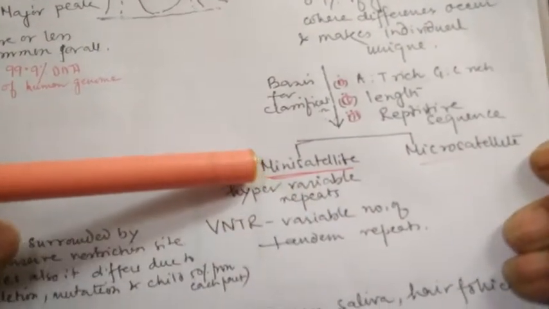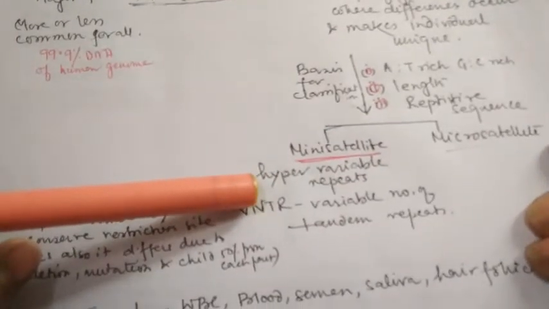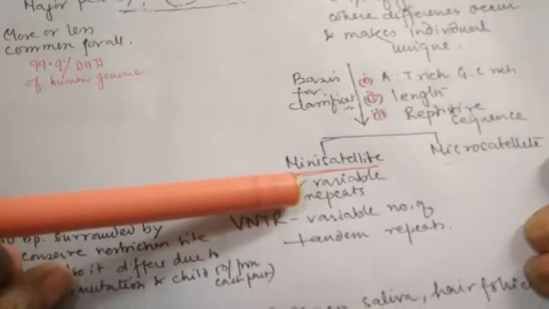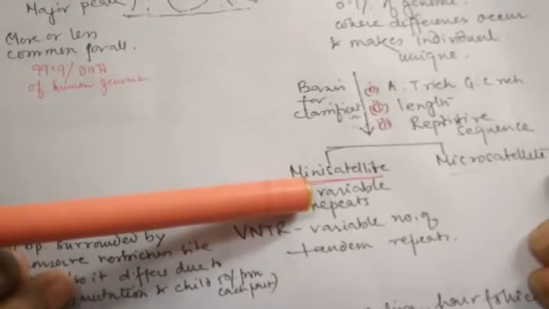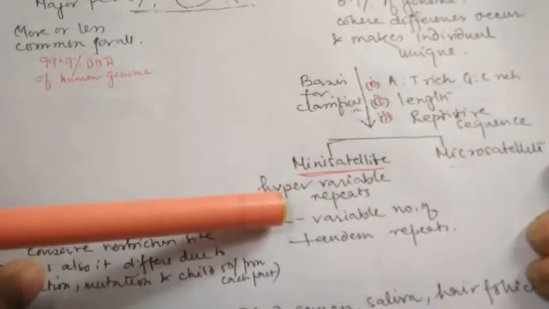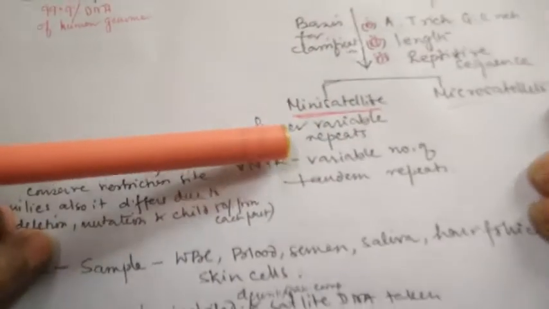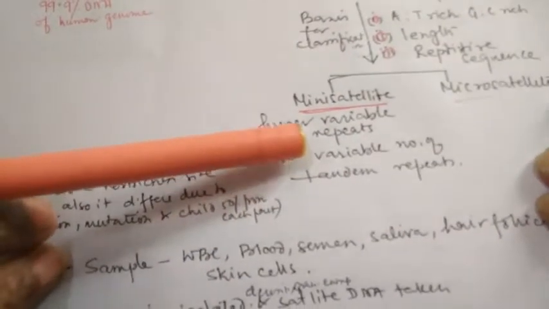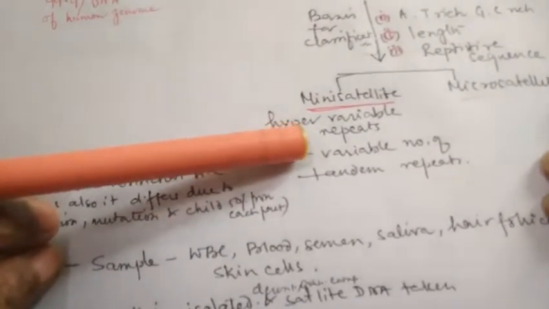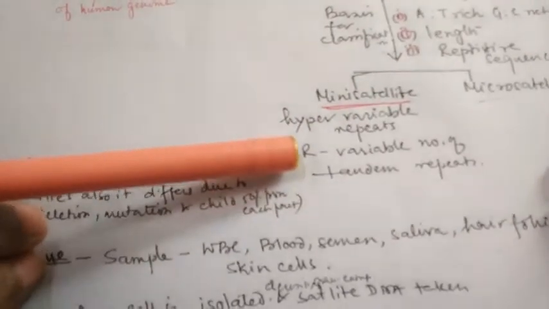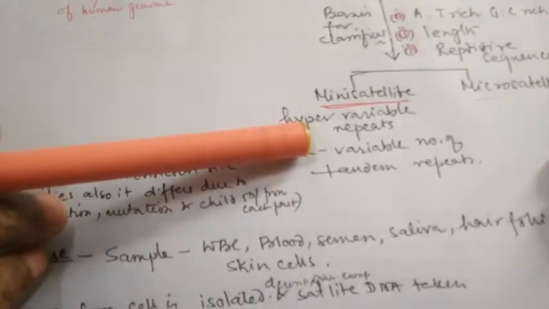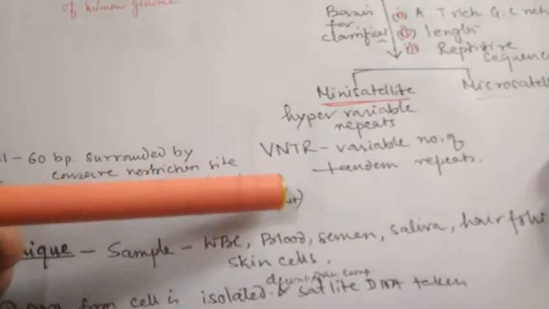Now this minisatellite region contains the hypervariable repeats. Clear? Minisatellite regions contain the hypervariable repeats, and this is the major area we are concerned with. This minisatellite DNA, which contains hypervariable repeats, is also called VNTR.